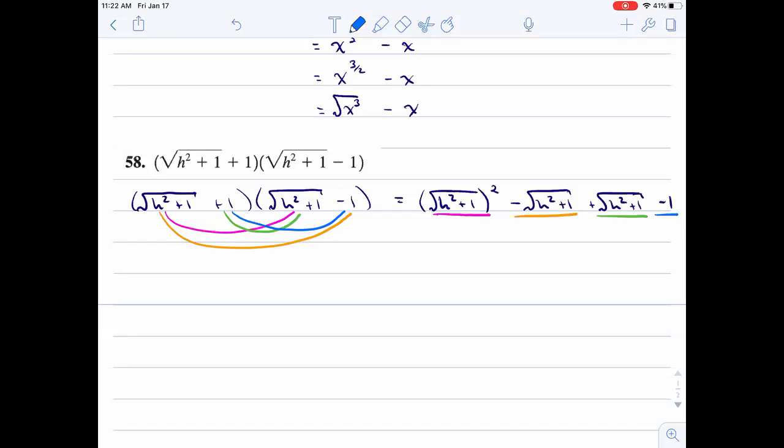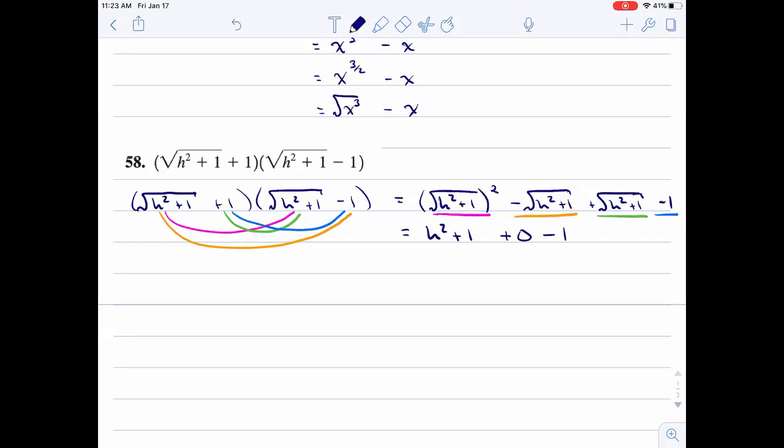Okay. We can simplify this though, because I can see that this square root would go away when I square it. I can also see that if I'm taking the minus square root of h squared plus 1, but then I'm adding the same thing, those are going to go to 0. And so a lot of this is going to disappear because what I'm going to have is h squared plus 1 plus 0 minus 1.